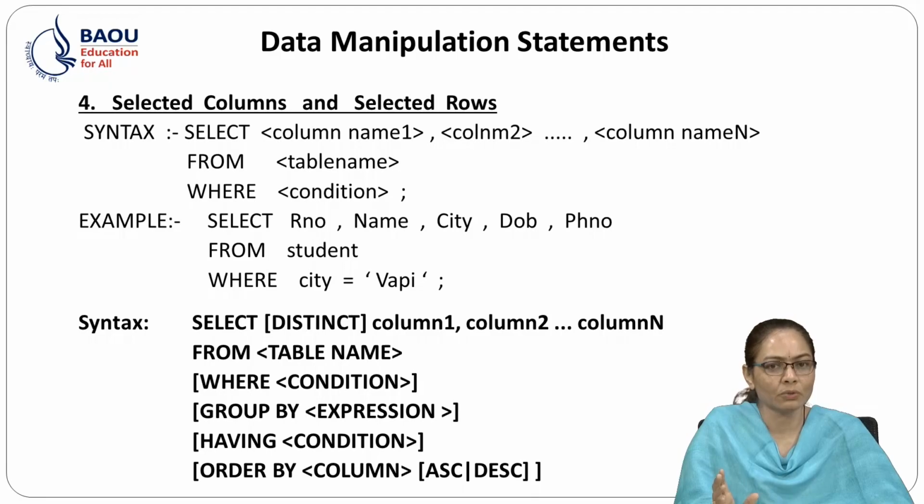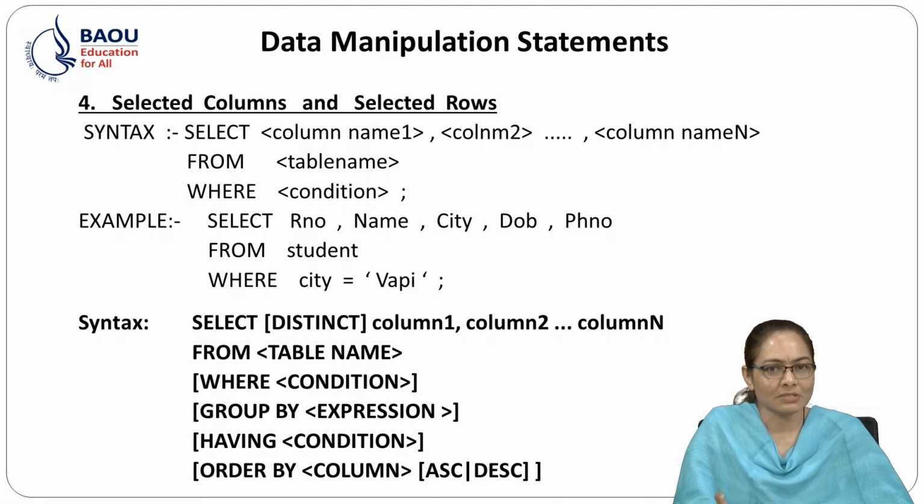If we do not give the primary key in this table, then the distinct command is used. Select distinct star from student, or we write select distinct roll number, name, city, comma, date of birth, comma, phone number from student.